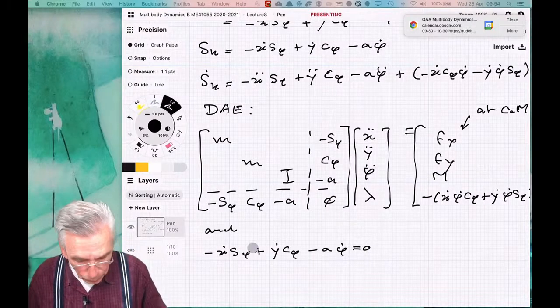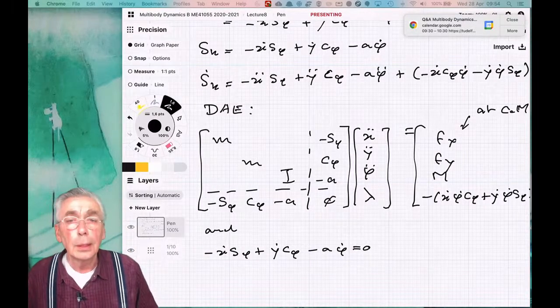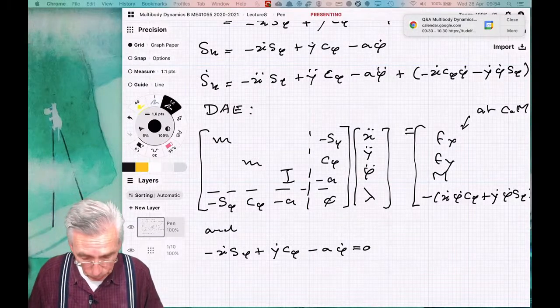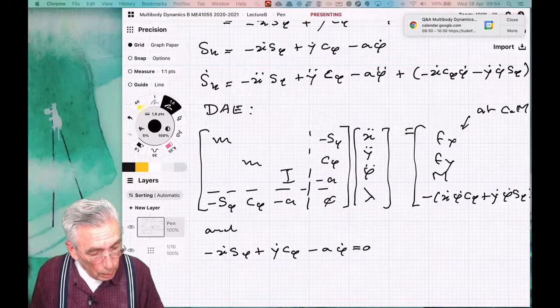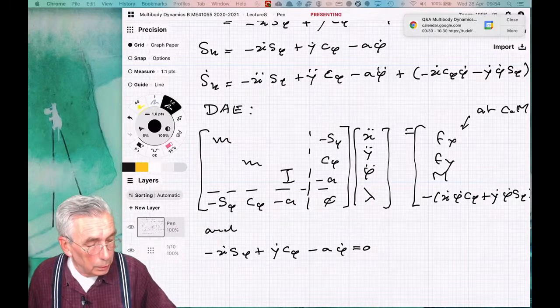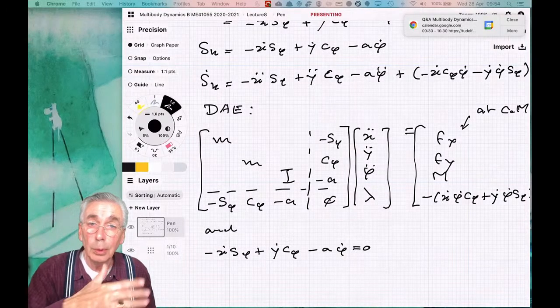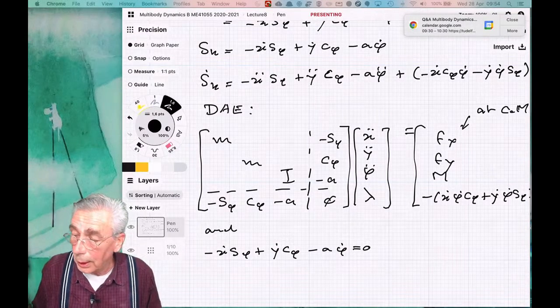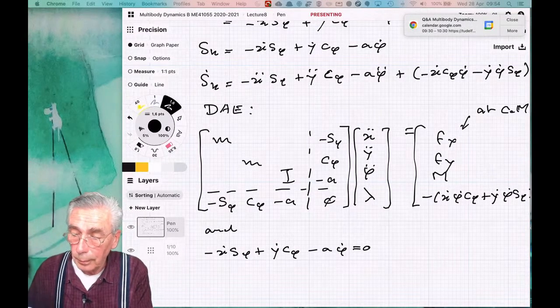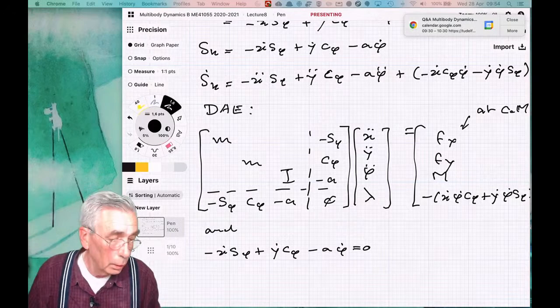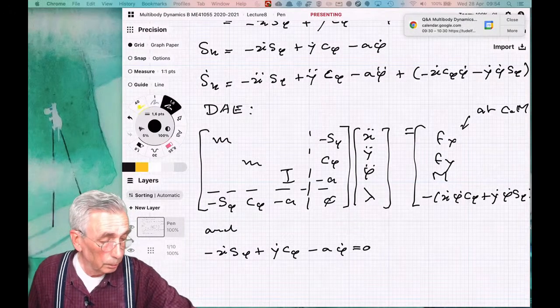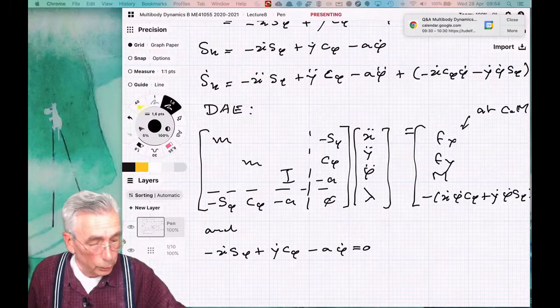We have to keep track of this, and this is what we then use for our constraint stabilization. You can easily set up the simulation, calculate the stuff, correct it with this constraint, and then you can see the motion of the skate. Well, that's actually the topic of this week's homework.